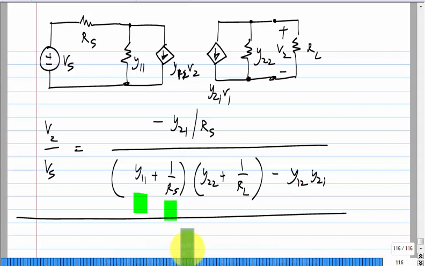When will conductances get added up? When do resistances get added up? When do conductances get added up? Parallel connection. Okay, do you see a parallel connection here?